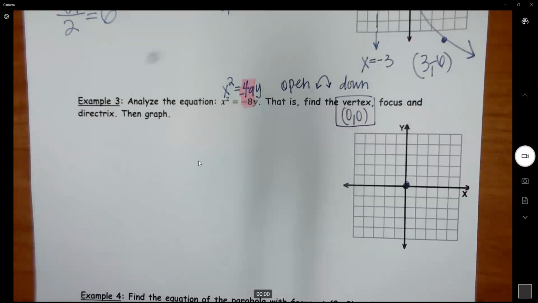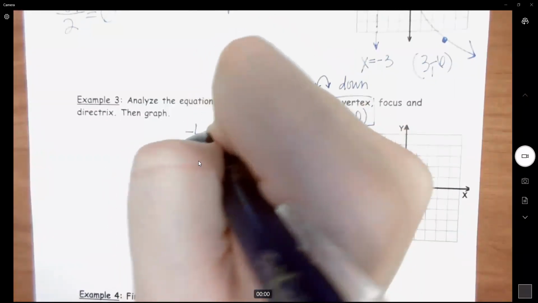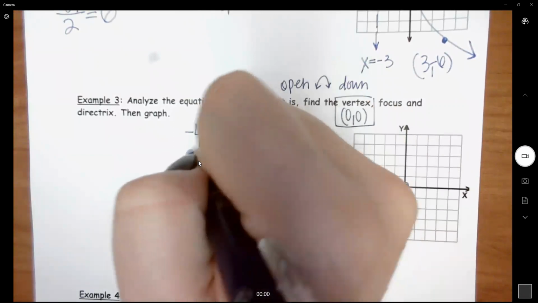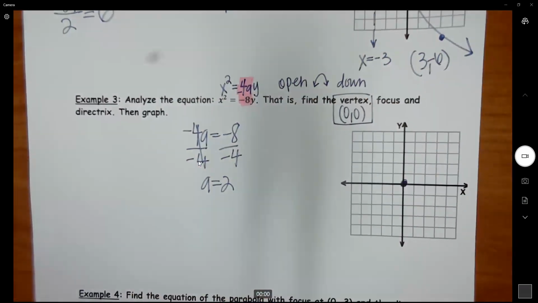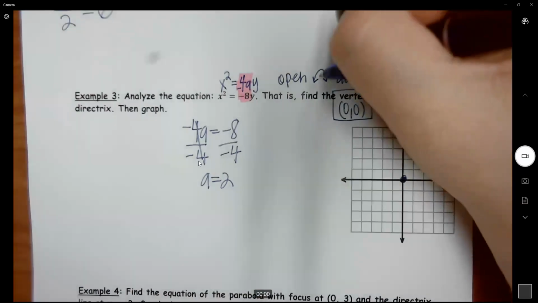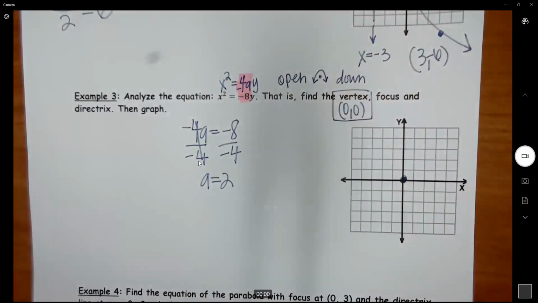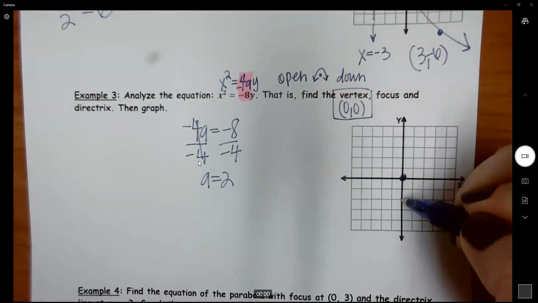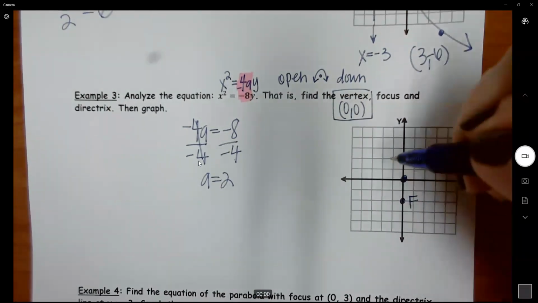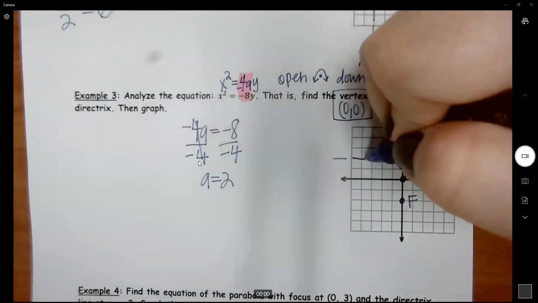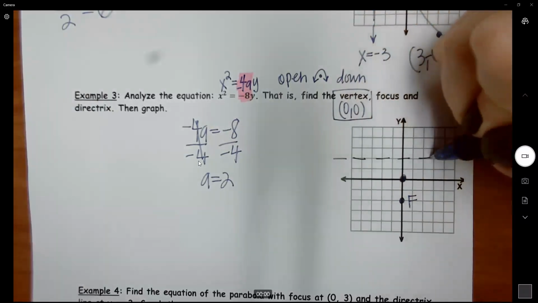So those are equivalent: negative 4a equals negative 8. I'll divide by negative 4, and a equals 2. The focus is always in the middle of your parabola, so I'm going to go 2 units down for my focus, and then 2 units up to make my directrix.